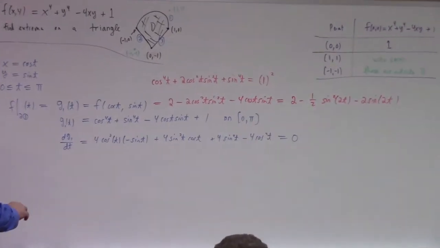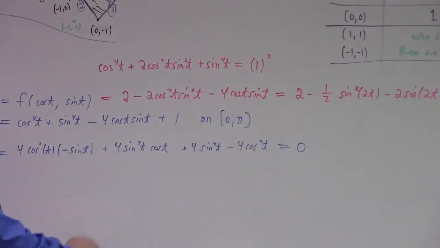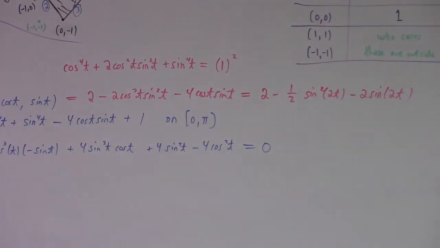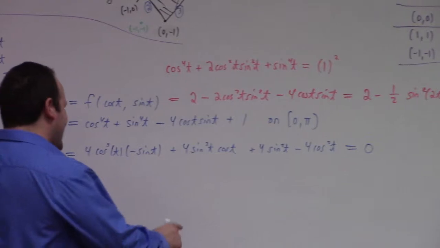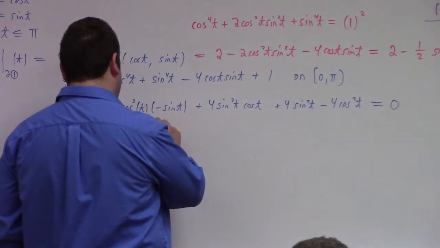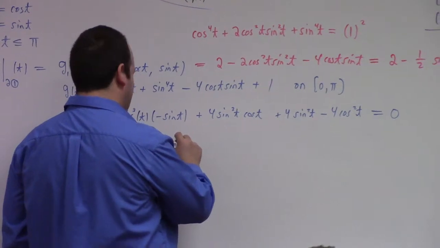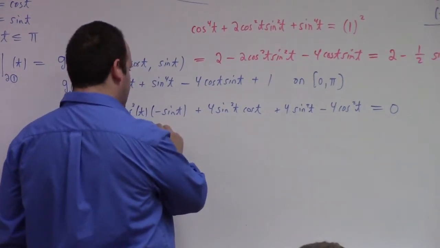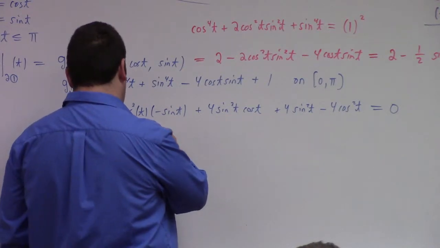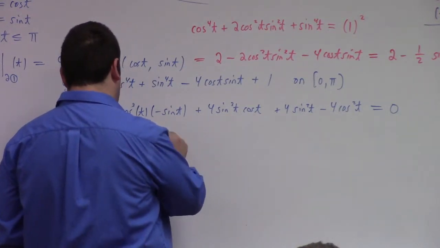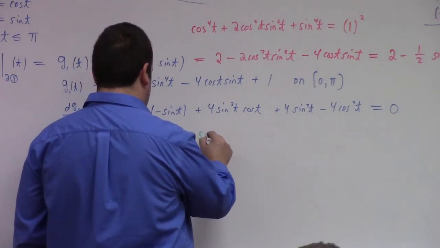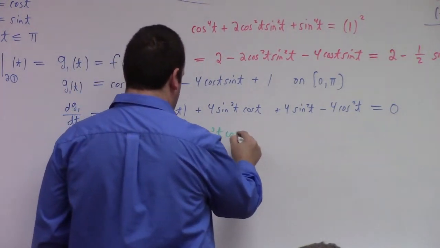Okay, so is there anything common to all these terms? 4. That's a good point, actually. So, let's see here. We've got cosine cubed t sine t plus sine cubed t cosine t.